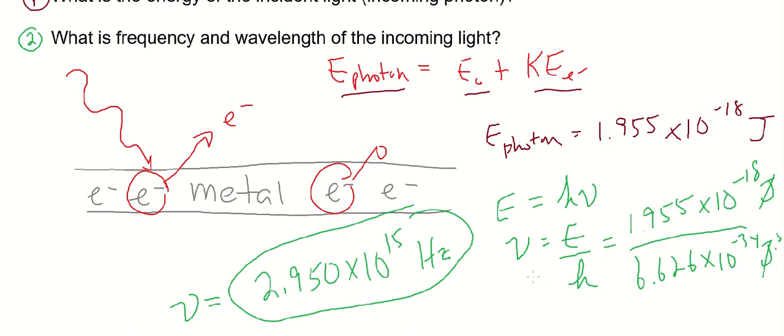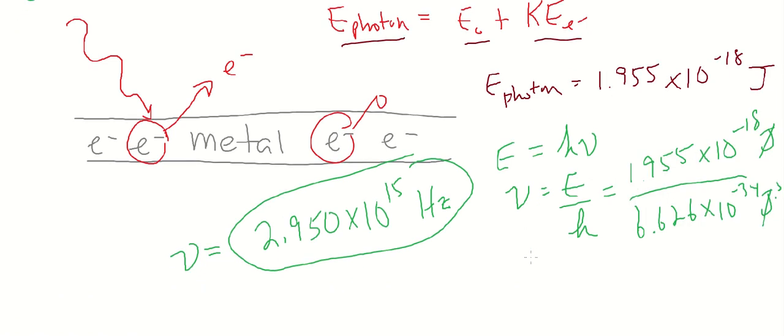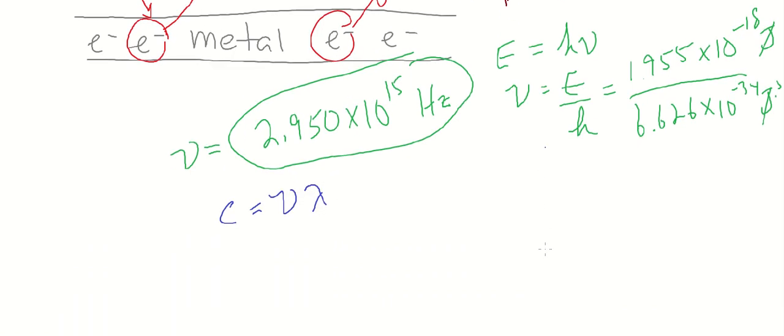Right, now the wavelength, we can use this equation. Speed of light is equal to the frequency times the wavelength. There's other equations you can use, but let's go this way. So divide through by frequency and you get wavelength is equal to speed of light over frequency.